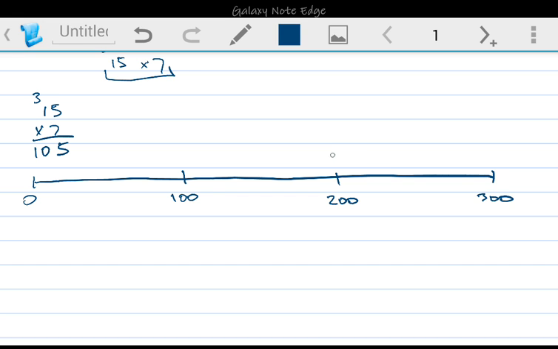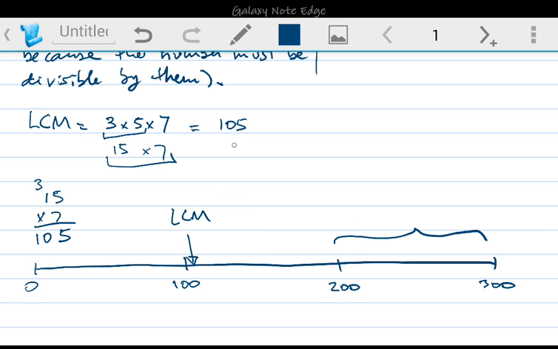We're looking for a number in this range, but the least common multiple is right here. Least common multiple. Okay.